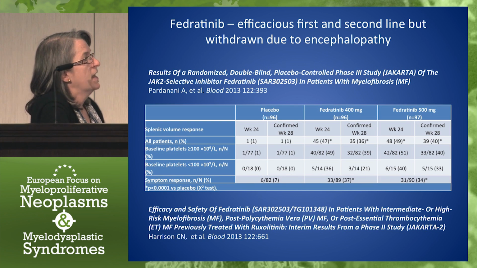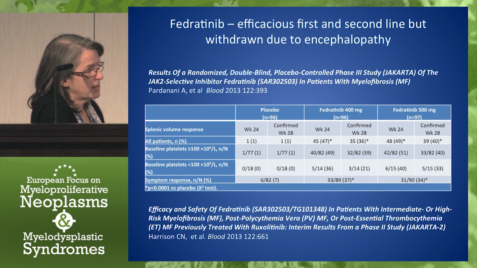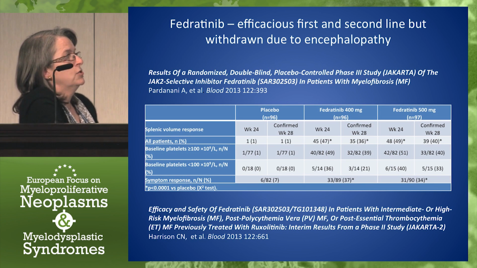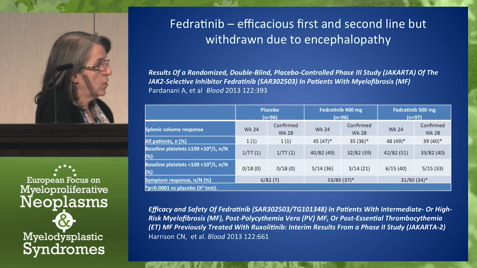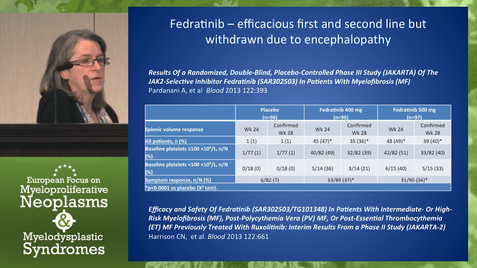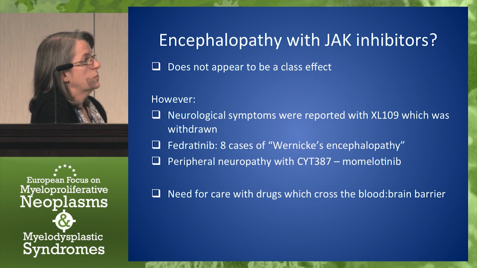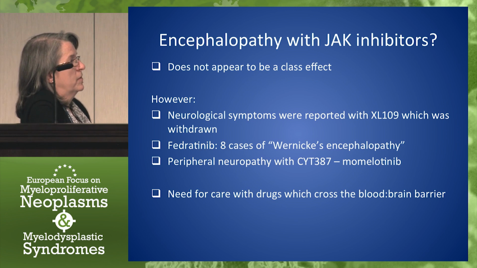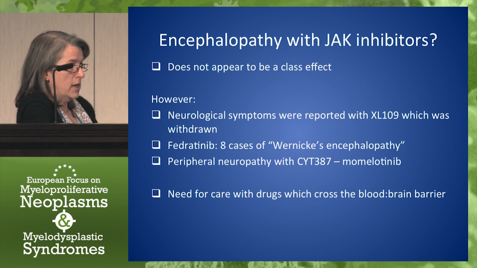The other side effect perhaps worth mentioning is this one concerning fedratinib, which, as you know, has been withdrawn. It was actually very useful, and the patients got very good responses to it, but then it's been completely withdrawn because of the encephalopathy, because of the Wernicke's encephalopathy. So there is this issue of encephalopathy with JAK inhibitors. It doesn't appear to be a class effect.